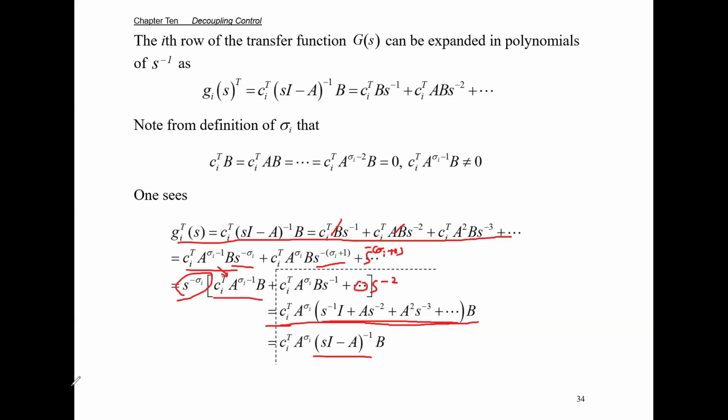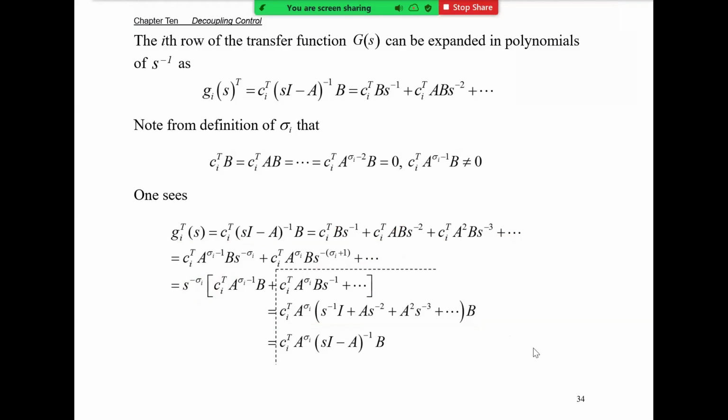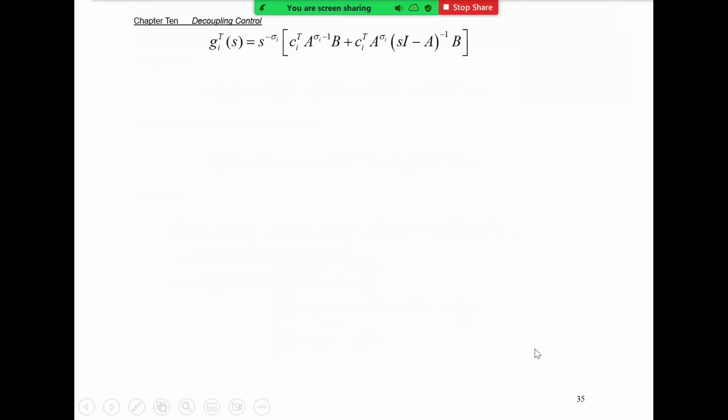So we rewrite this transfer function using the relative degree. We write the transfer function, each row, into this form. This is just like the form for the scalar case, where this is sigma I, that is the relative degree.